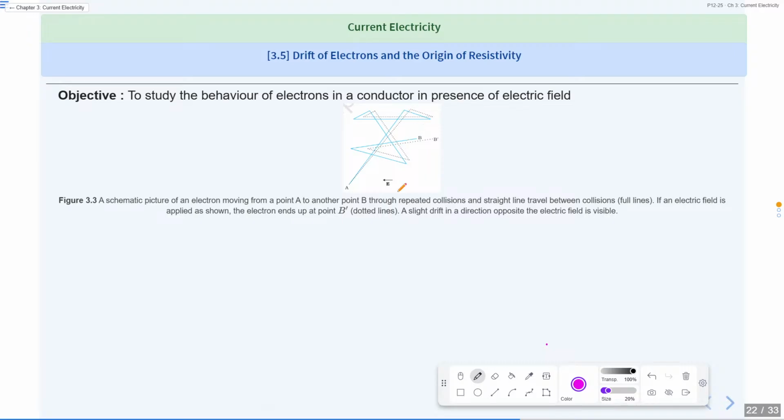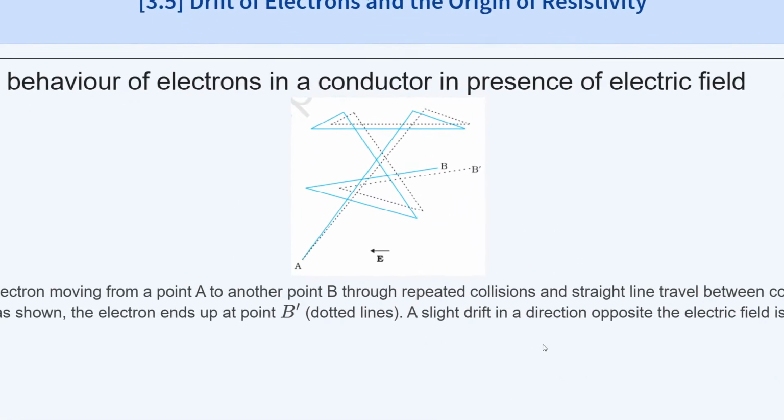Now, that is the pictorial representation of drift of electron. I will explain it.